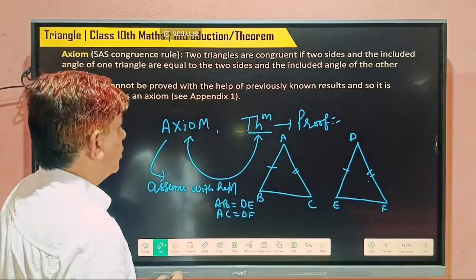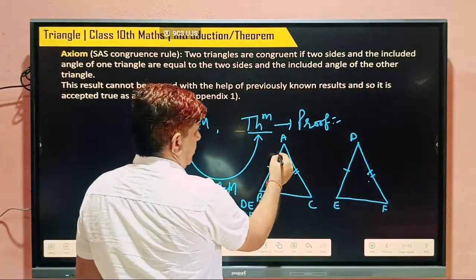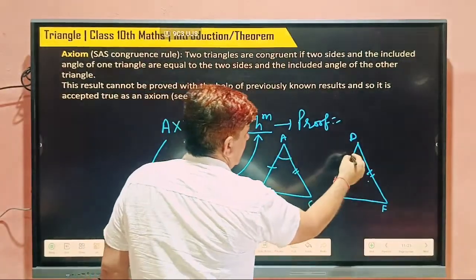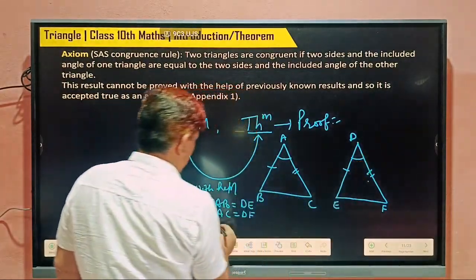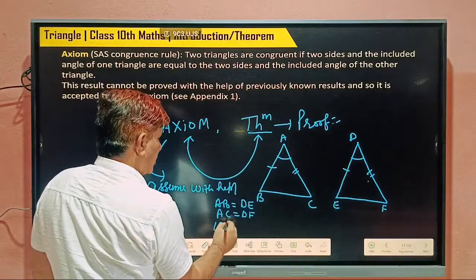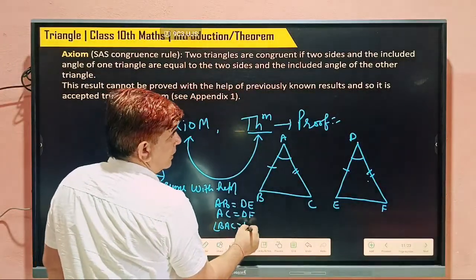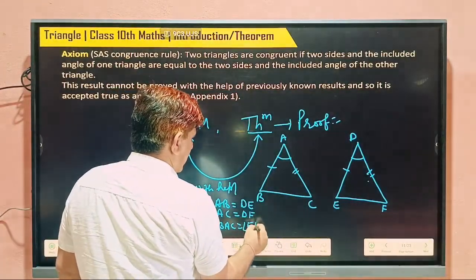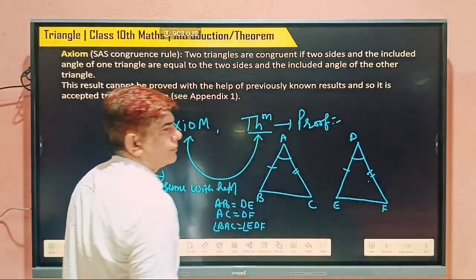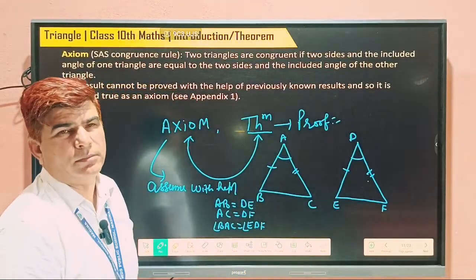Two sides and the included angle. Which angle is included between them? This and this. And this, which angle? Angle BAC equal to angle EDF. So this is our axiom.